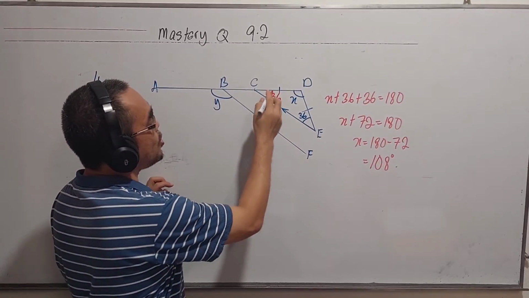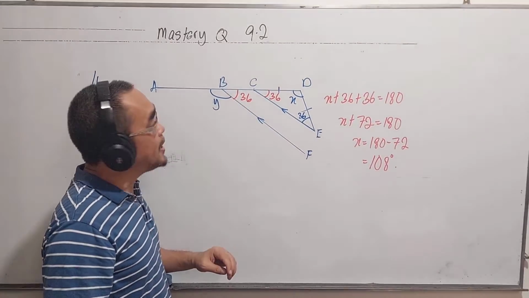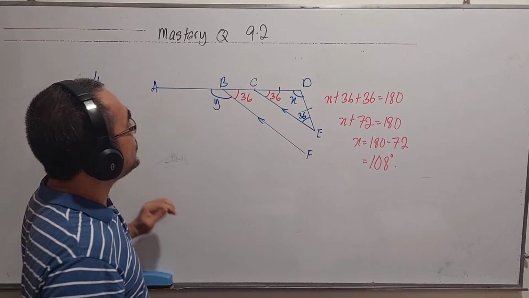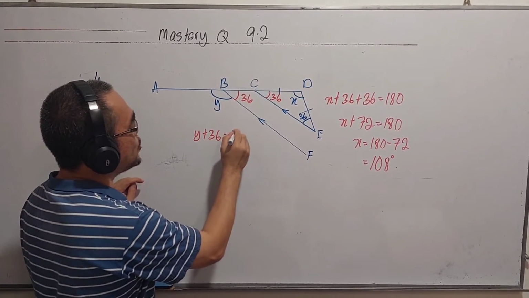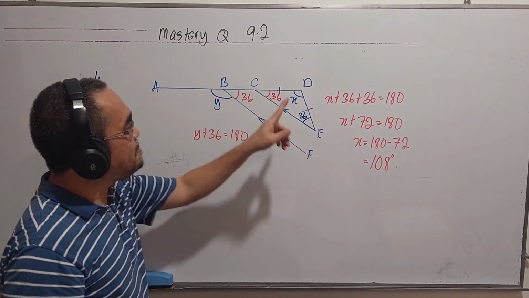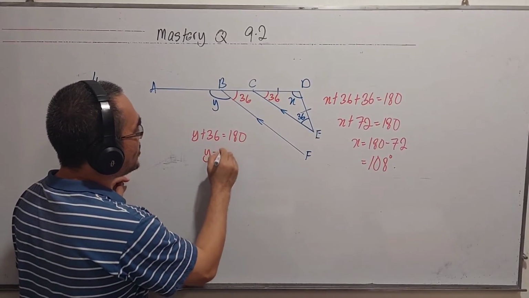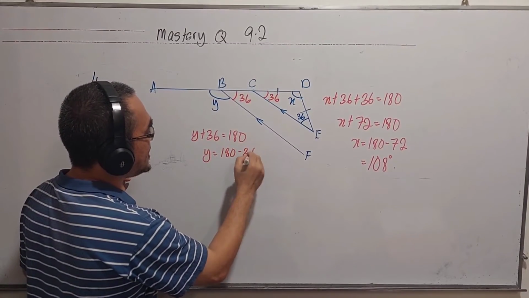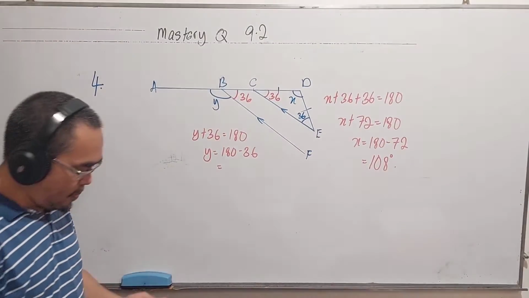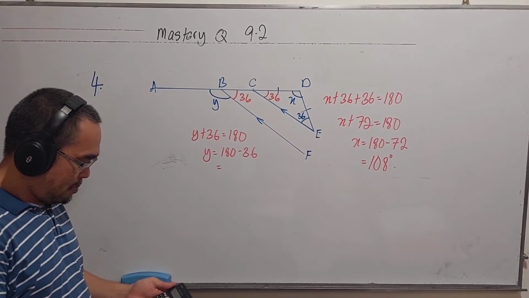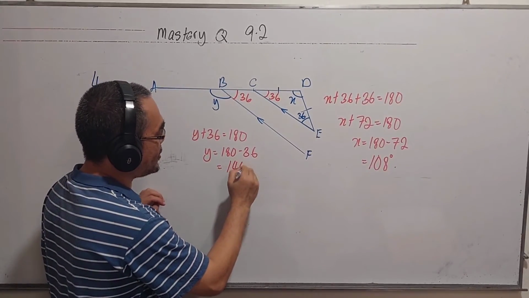So the corresponding angle here will also be 36 degrees. In order to know y, you have to say y plus 36 equals 180 because ABCD is a straight line. So the value of y will be 180 minus 36, which is 144 degrees.